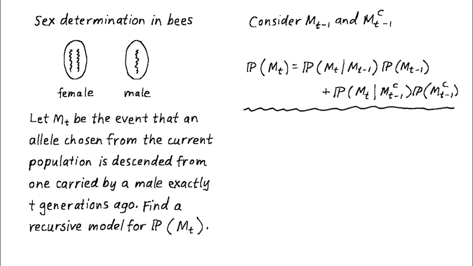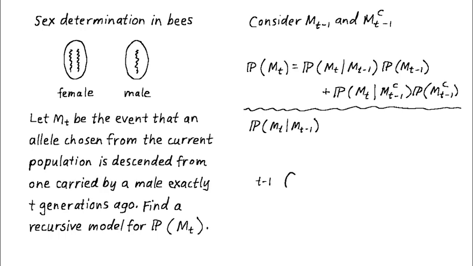As an aside, let's calculate the conditional probabilities that appear in this equation, starting with this one. The probability that the allele was carried by a male T generations ago, given it was carried by a male T-1 generations ago. I'll make a little picture here to help us out.